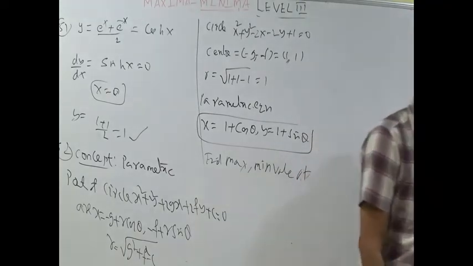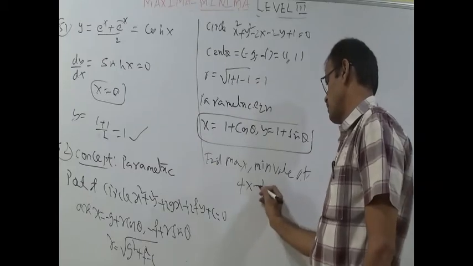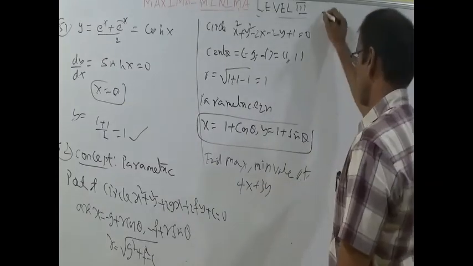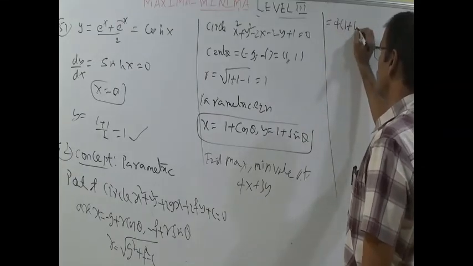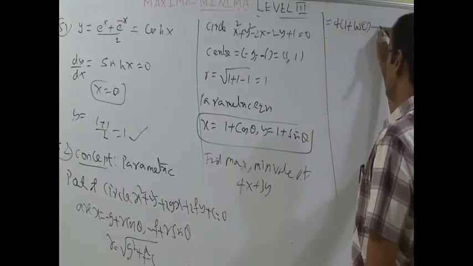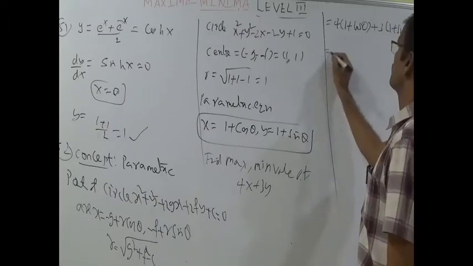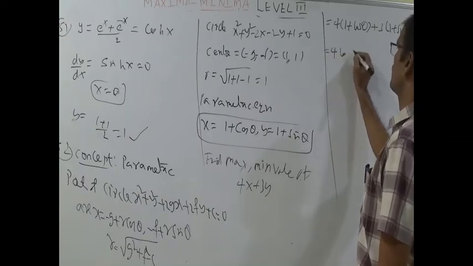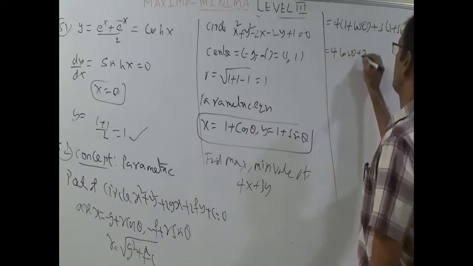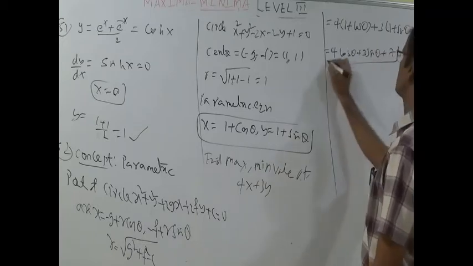To calculate that, 4x plus 3y is equal to 4 into 1 plus cos theta plus 3 into 1 plus sin theta. We can write 4 plus 3 as 7. Now you can write this as 4 cos theta plus 3 sin theta plus 7.